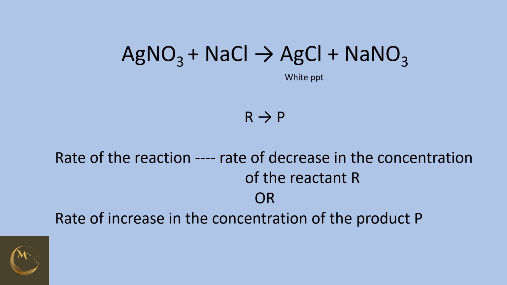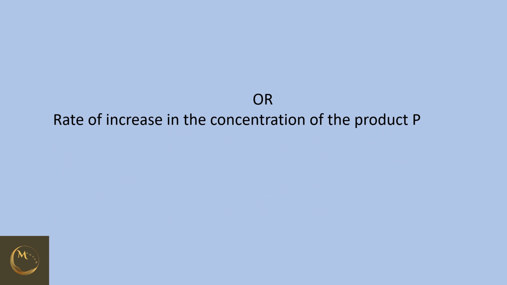The reactant R is slowly getting converted to the product P. So, R is getting consumed, therefore, the concentration of the reactant R goes on decreasing, whereas product P is getting formed. Therefore, the concentration of the product P is increasing.